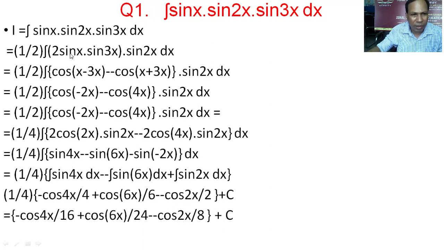But there is no specific rule for this. You can take any two at a time, but if we take the smaller one and the bigger one, it becomes a little convenient for us to express them in some difference form.